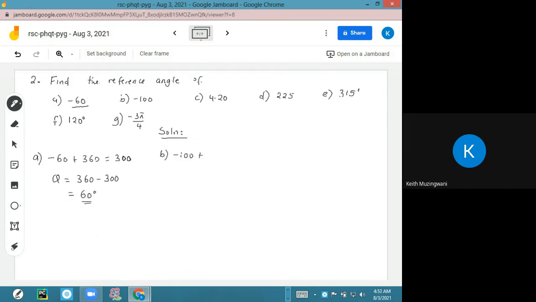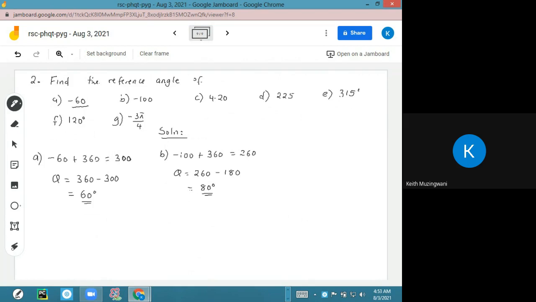So we first add 360. It becomes 260. Now 260 falls in the third quadrant. So to get a reference angle in the third quadrant, you say 260 minus 180. And this will give us 80 degrees.